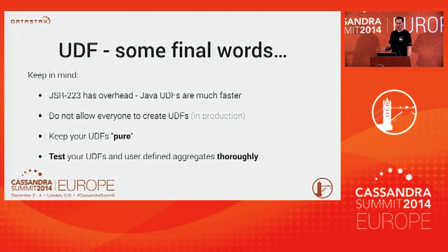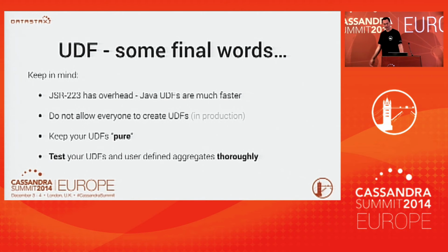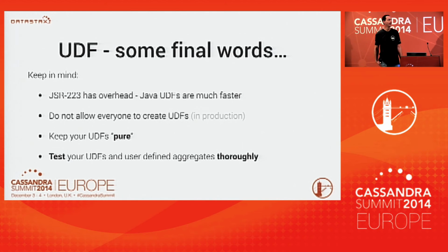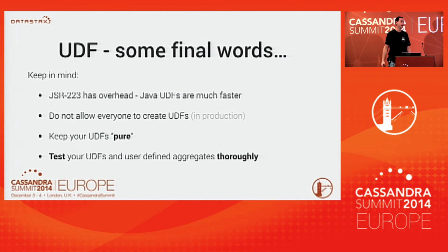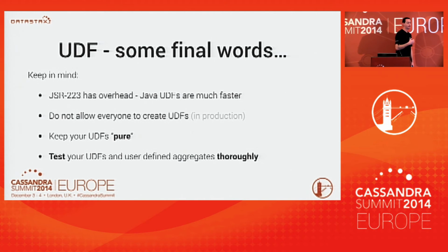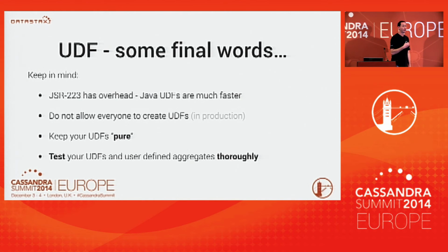Some words about it. As I said, scripting is really nice if you can code Scala or Groovy, something like that, and let it run on your cluster. But you have to keep in mind that scripting has a lot of overhead.